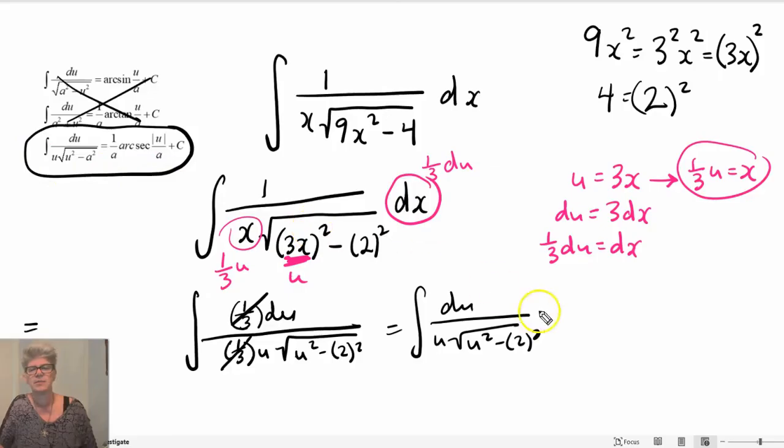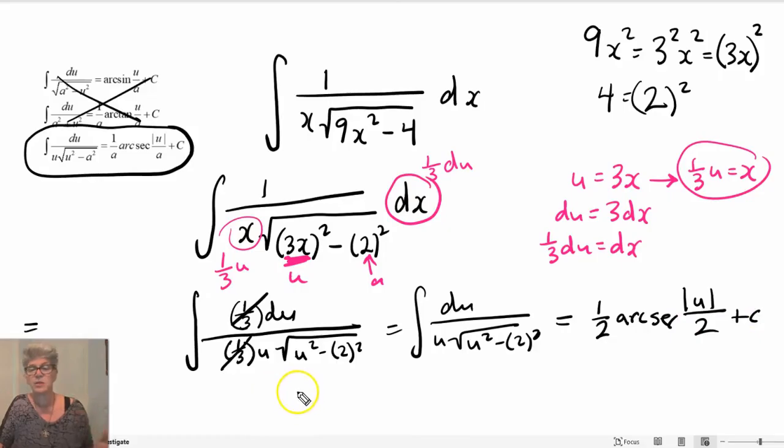So using the template, the a is going to be 2. I'm going to have 1 over a, so 1/2, times arcsecant of the absolute value of u over a, which is 2, plus c.